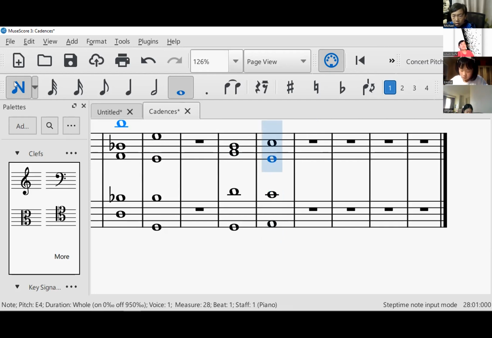And now this interrupted cadence, if you can hear it, it has a very questionable effect. Let me see if I can solve that audio issue. Let's try this.